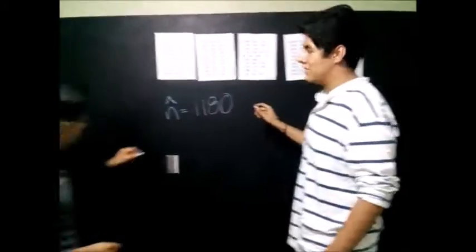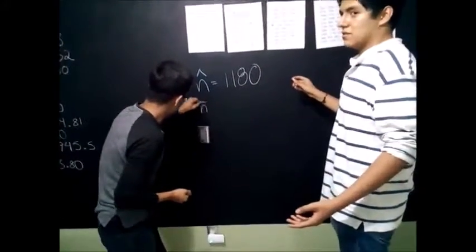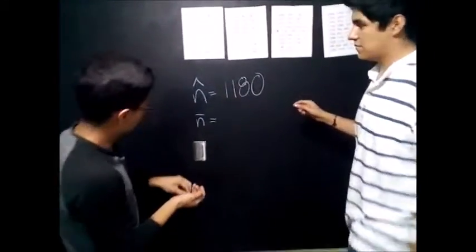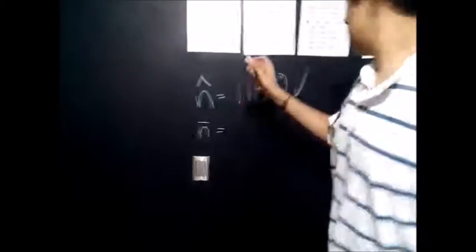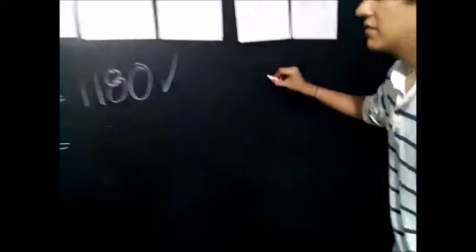Okay, this one is the average. You can get the average using this formula. Okay, I'm going to explain this. This is the summatory of all these numbers.